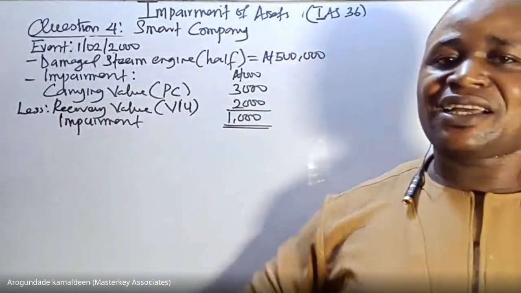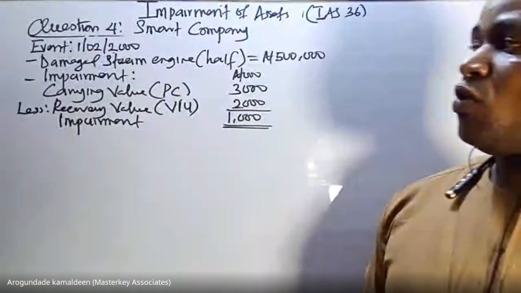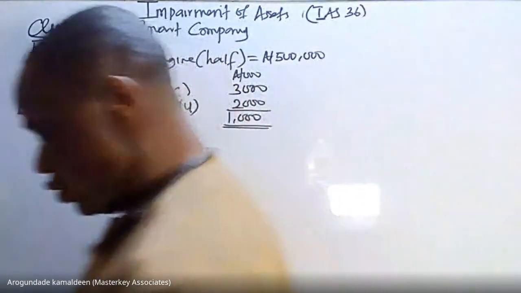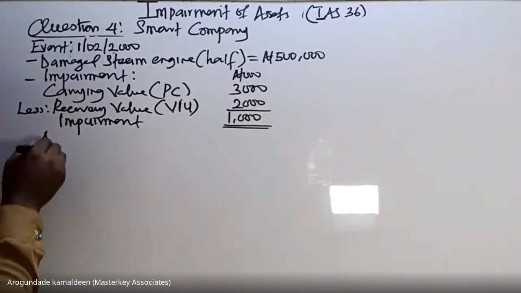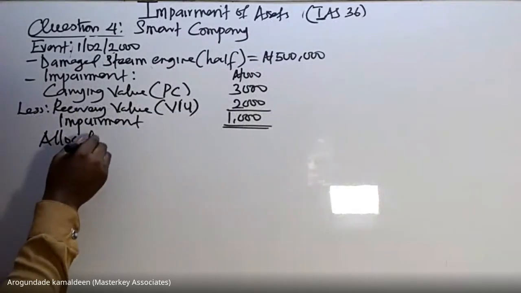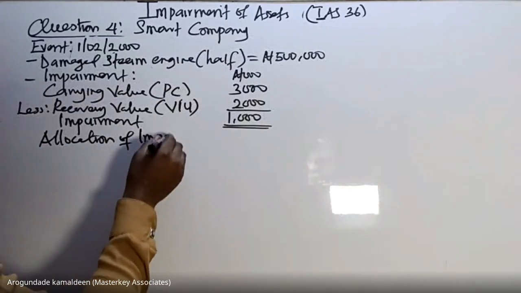So let's say the carrying value of the business asset on the 1st of February 2000. So now, allocation of impairment.